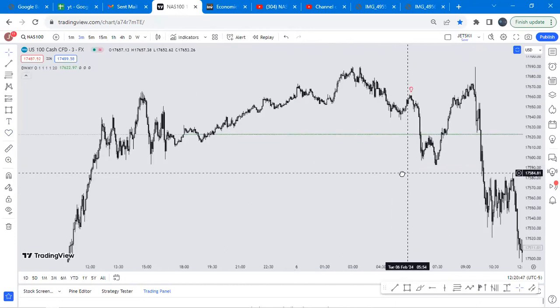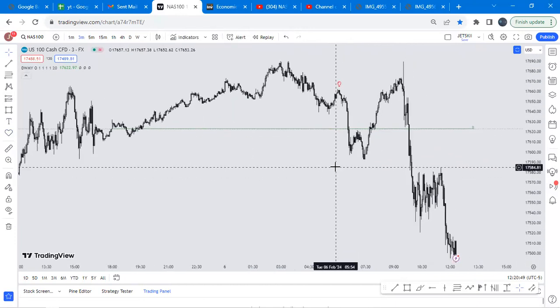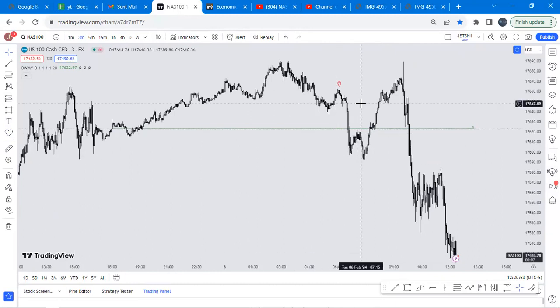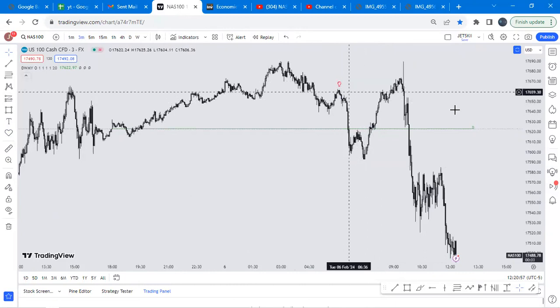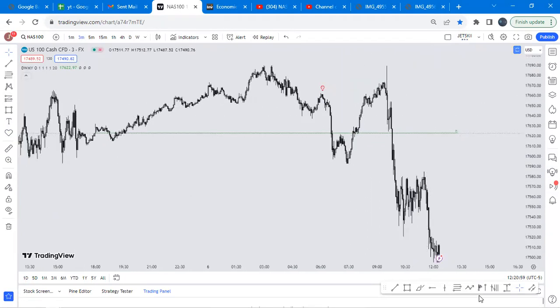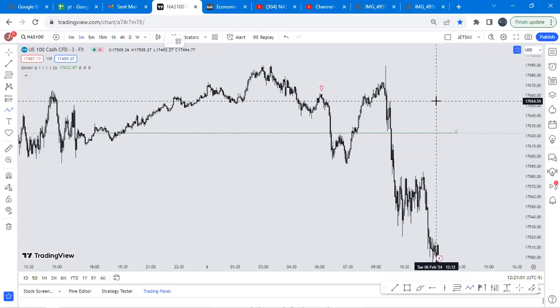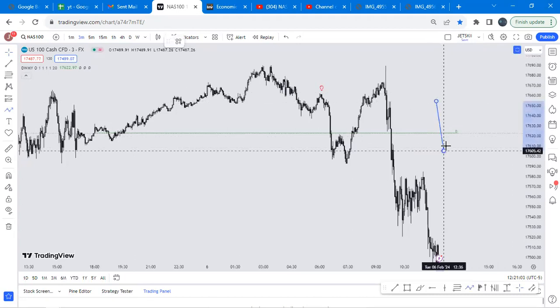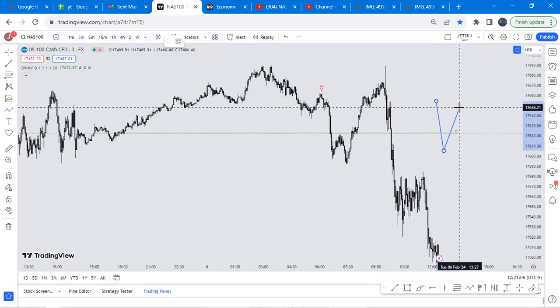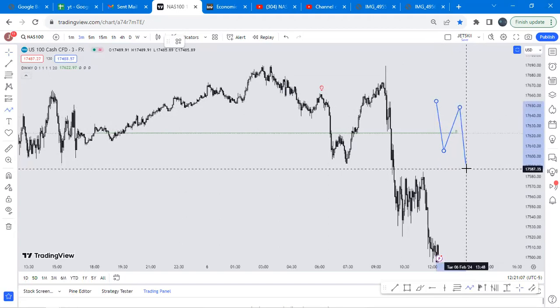You should think in terms of liquidity, understand? What will happen when the market runs the high, and then the majority of people, if we show a diagram, it actually looks like this.